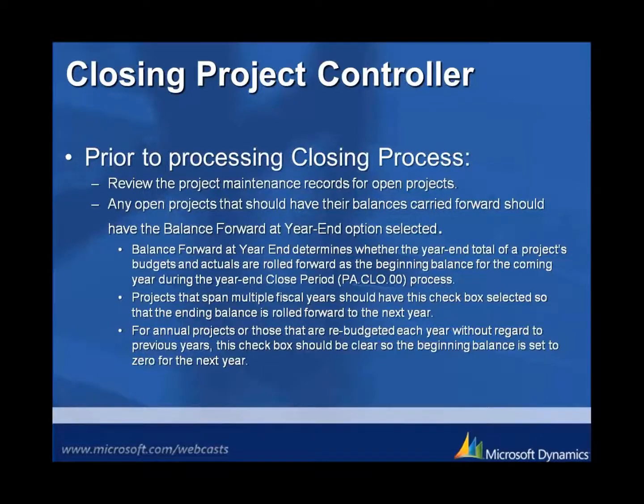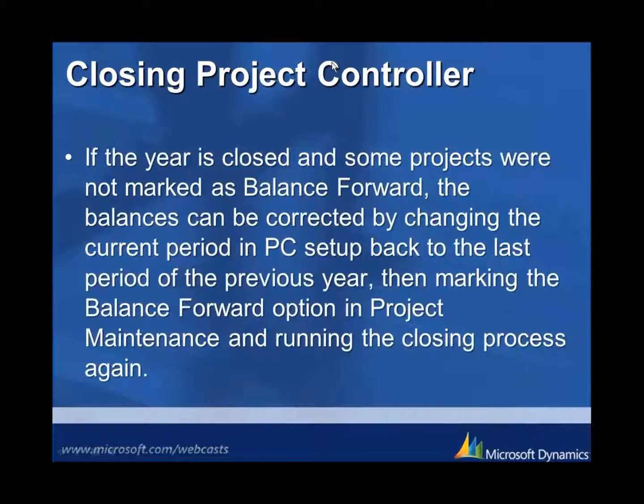There we go. This is the one I was thinking of. If the year is closed and some projects were not marked as balance forward, the balances can be corrected. All we have to do is change the current period in PC setup, and we can type that in manually right there in the setup screen, and then mark the balance forward option and run the closing process again for Project Controller only.